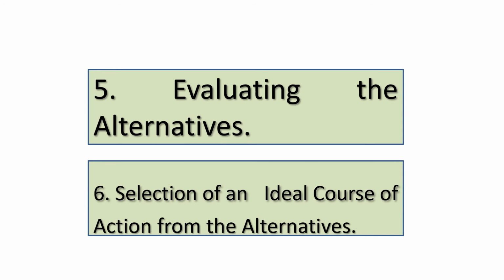Next point is evaluating the alternatives. They should be evaluated in the light of premises and goals. They involve the study of the performance of various factors, such as profitability, investment requirements, risk, benefits, and organizational facilities.